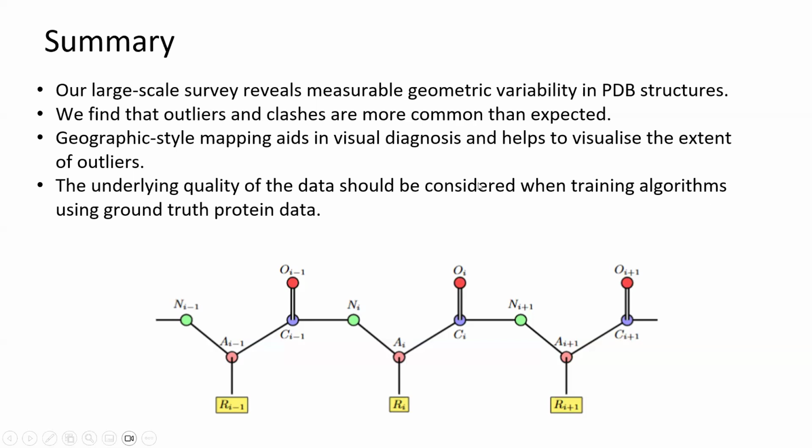And the last point really, which is the purpose of this, is just to say that the underlying quality of this data should therefore be considered when we train algorithms. So we shouldn't necessarily just use the entire protein data bank. There should be some sort of validation process. And validation processes do exist within the protein data bank. It's just that we've shown here that there are still some examples that we might want to filter out.